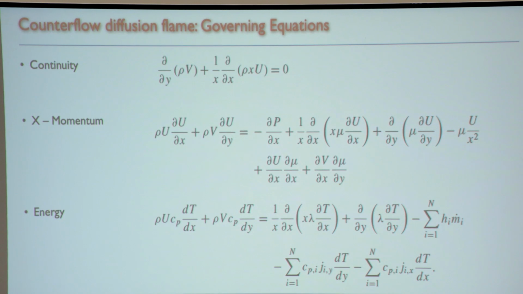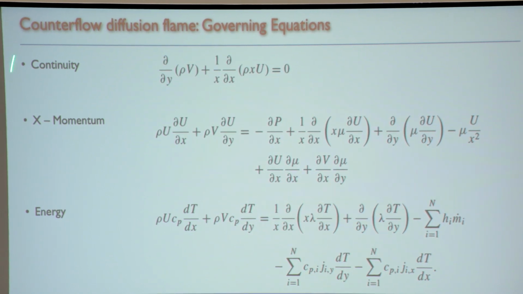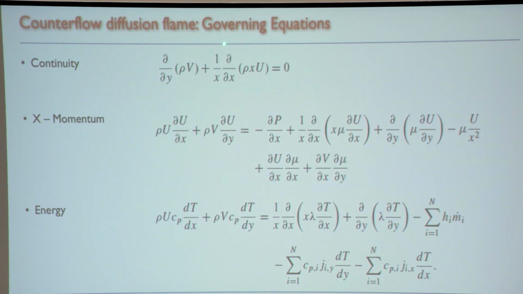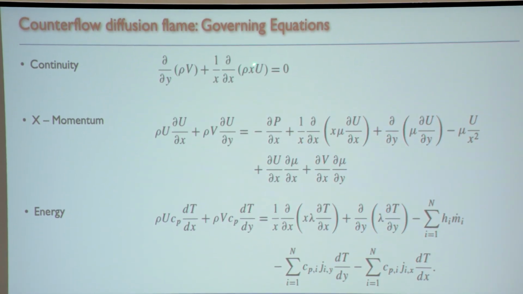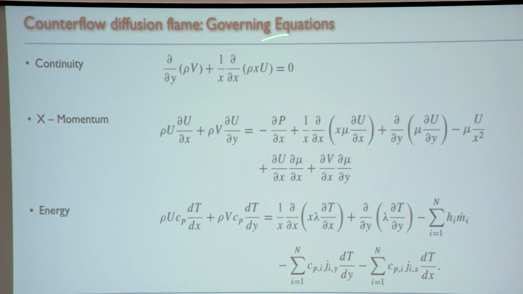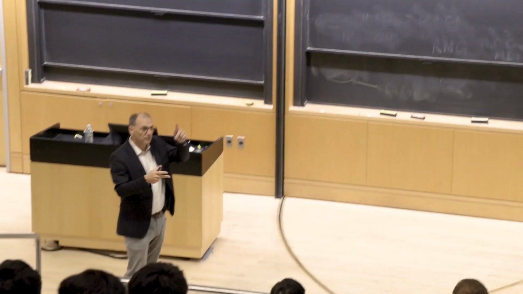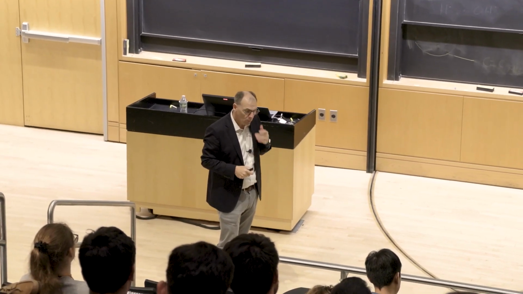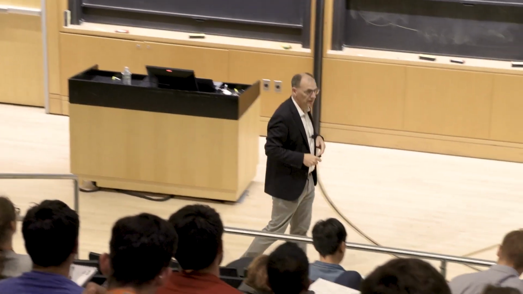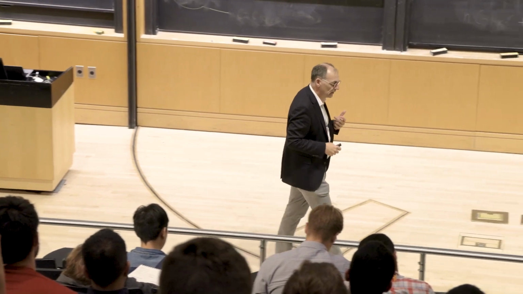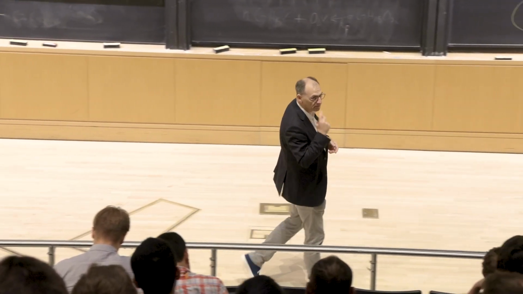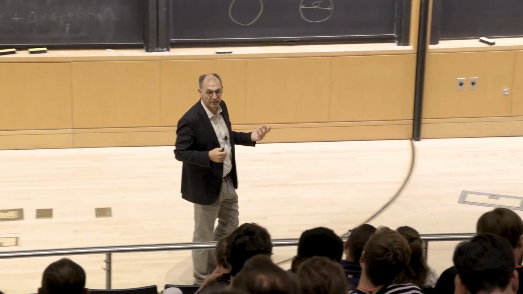So we start out with the governing equations. You have the continuity equation: 1 over x d by dx of rho x u. That's the equation in a cylindrical coordinate system. So the x coordinate here is the radial one, and the y coordinate goes from nozzle to nozzle. It's a little counterintuitive for some of you, but of course all of this comes from the people doing fluid mechanics.